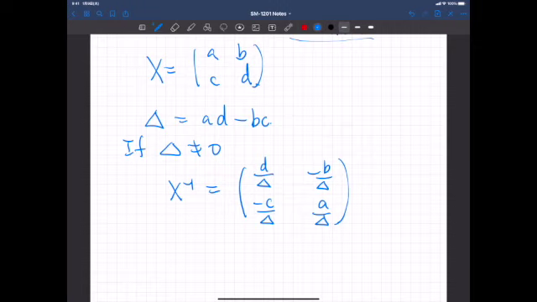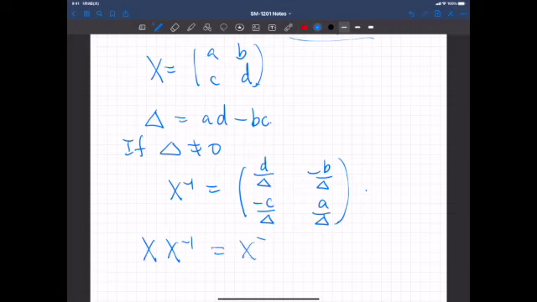And you can check this is indeed the inverse matrix of X by calculating the matrix product X times X inverse, or for that matter X inverse times X. Either is okay, so it should be equal to [1, 0; 0, 1], which is the identity matrix of 2 by 2 matrices.